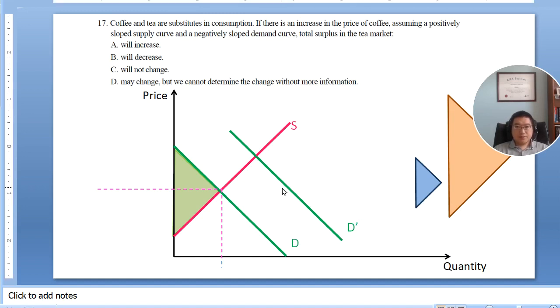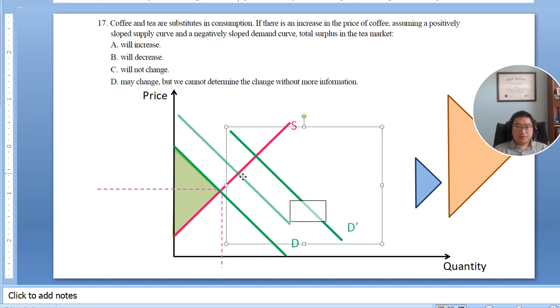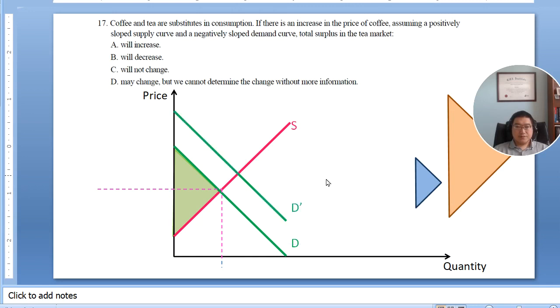And this one is probably way out there. So make it look like this is the new demand. And then what happened in the total surplus, right? The total surplus in the tea market in the old equilibrium is this green triangle. Now we have higher equilibrium price and higher equilibrium quantity.